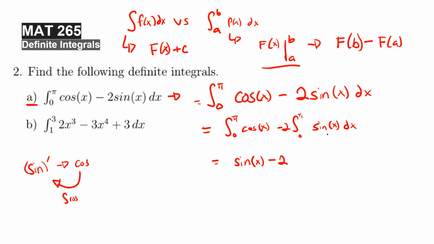And then we're going to do a similar thing over here. I'm actually going to keep the negative in, and you'll see why right now. So how do we get a negative sine of x?